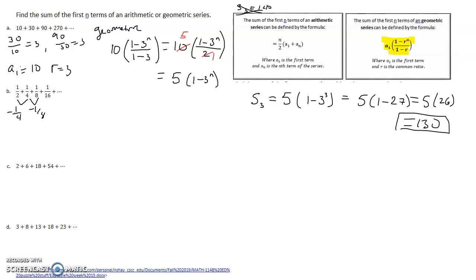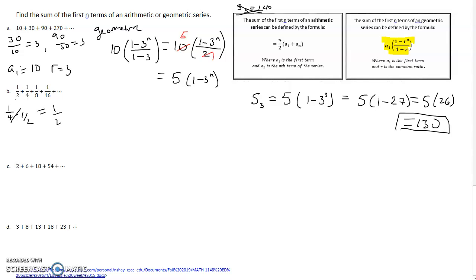So this is not an arithmetic sequence. We can tell because it does not have a common difference. So let's check with geometric. If I take 1/4 and divide by 1/2, 1/4 divided by 1/2 is 1/2.